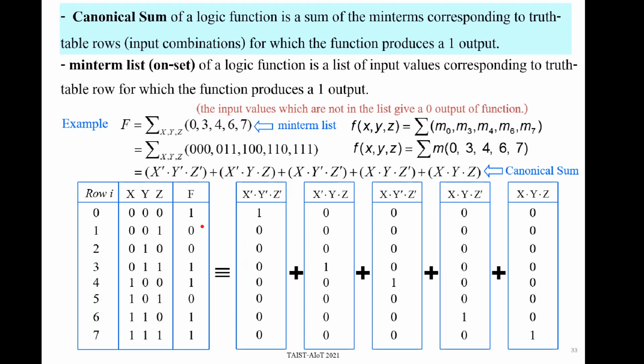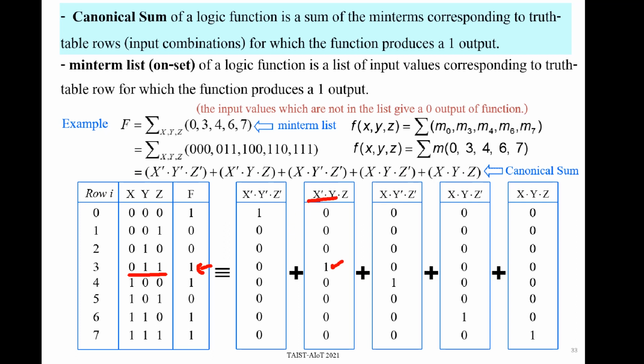At first, let's consider each input that makes the output become 1. Namely, for this one, when input is 0,0,0, the corresponding minterm is x prime and y prime and z prime. For this one, the input is 0,1,1, its minterm is x prime, y, and z.